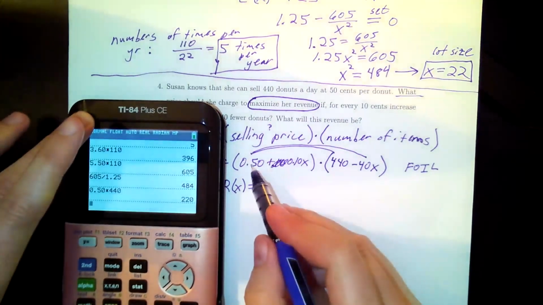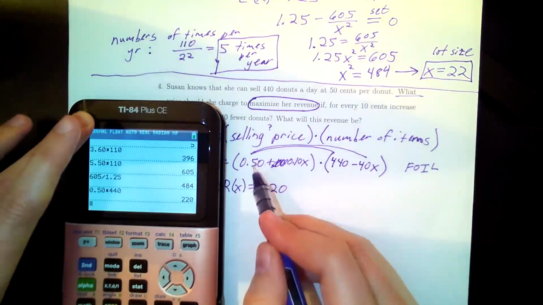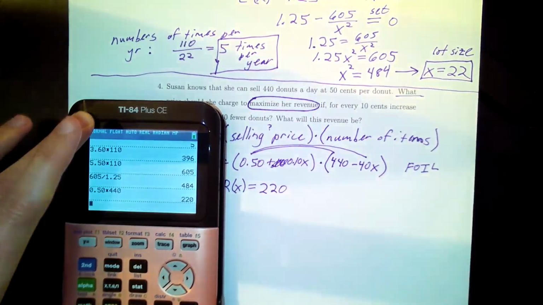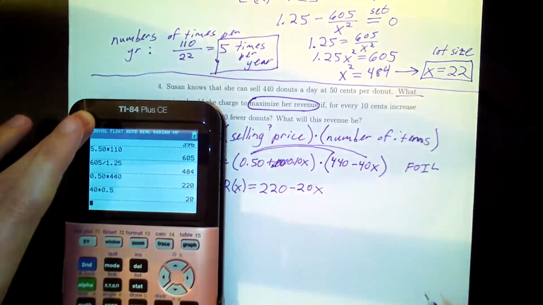I get 0.5 times 440 is 220. I'm going to take 0.5 times 40x, which is 20, so I have minus 20x there.